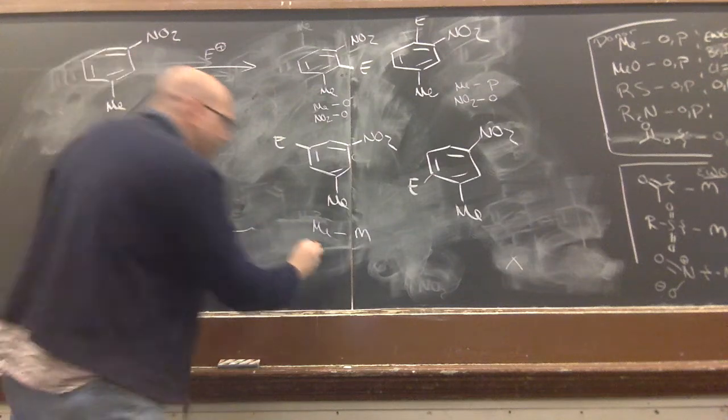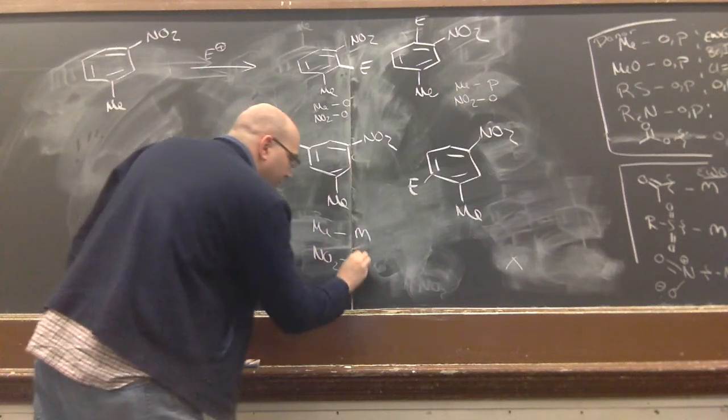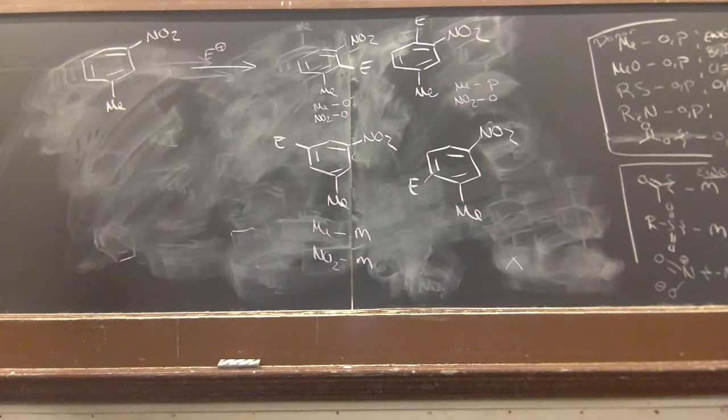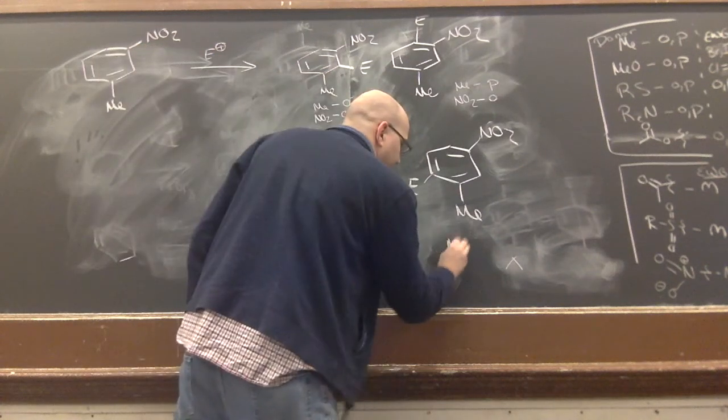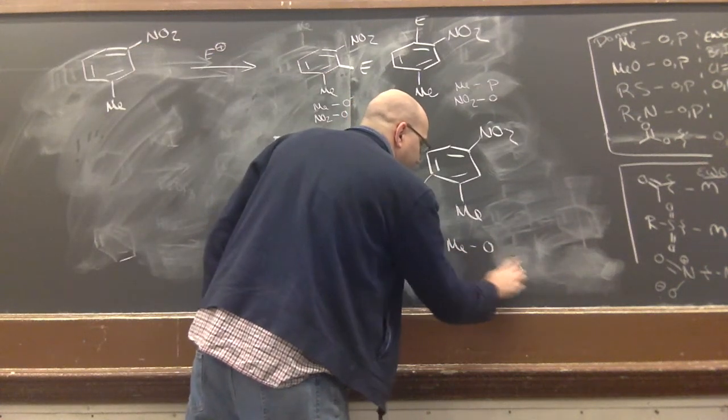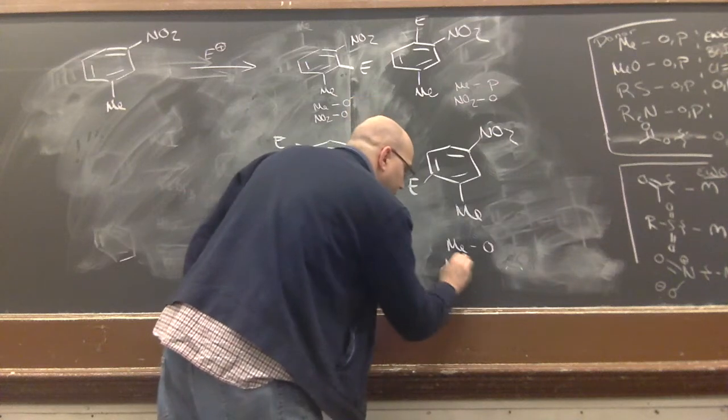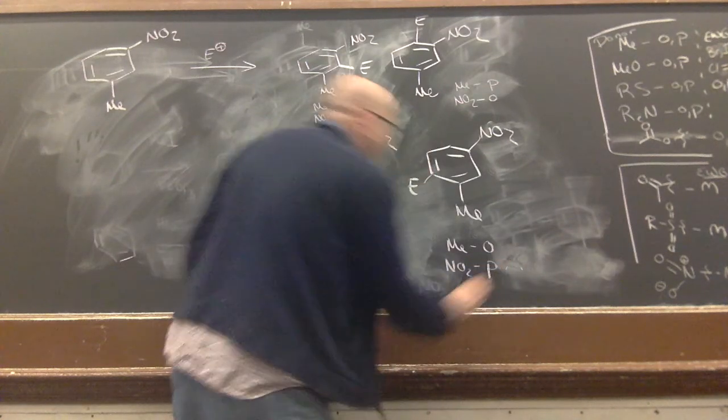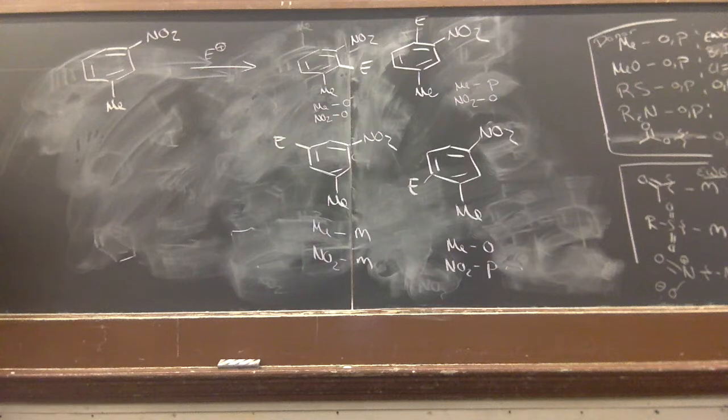Right, and in relationship to the nitro group, we also have it meta, right? And in this case, related to the methyl group, we have it ortho, and related to the nitro group, we have it para. Okay.